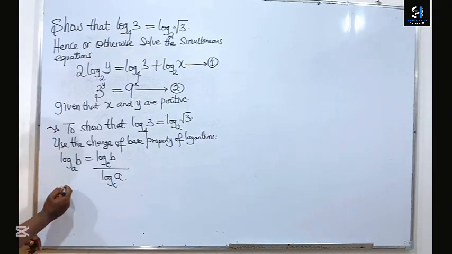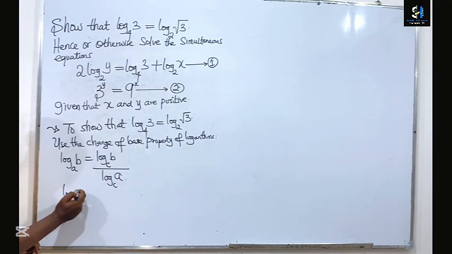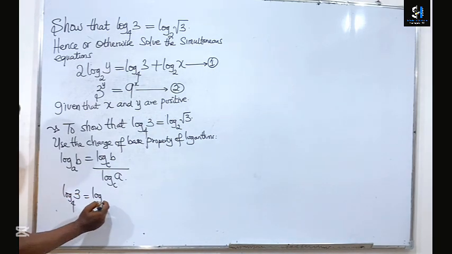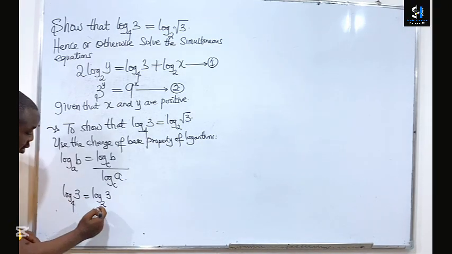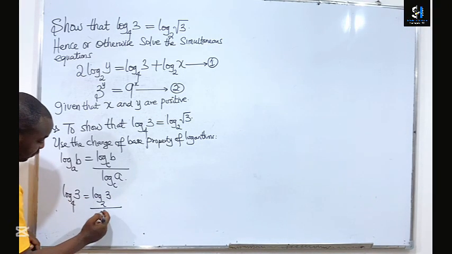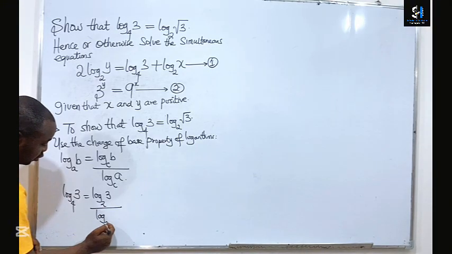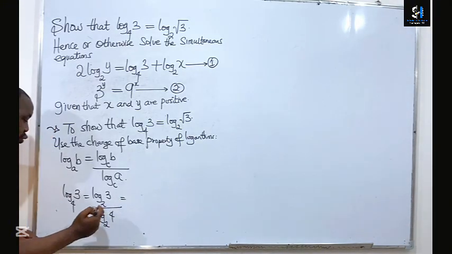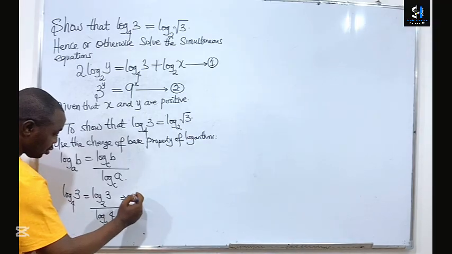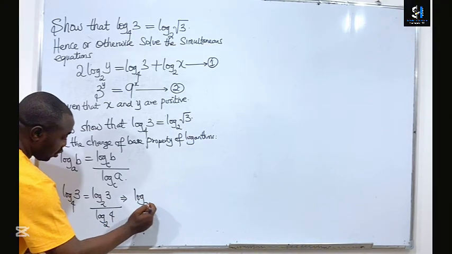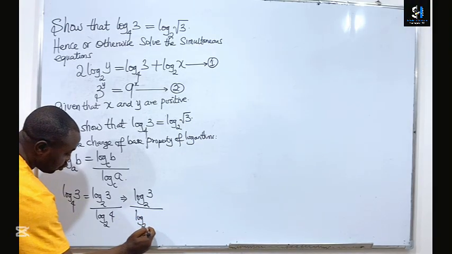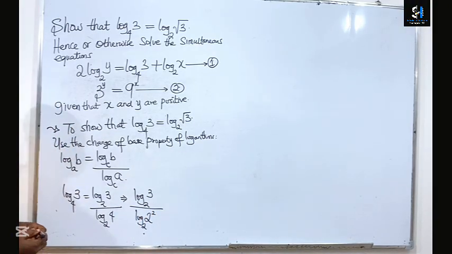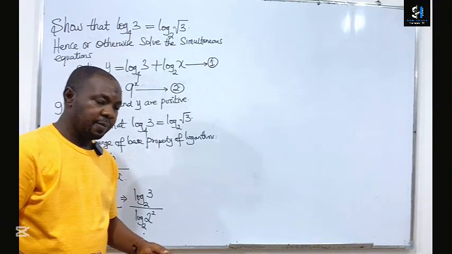So which means log to base 4 of 3 will be equal to log to base 2 of 3, that is when I change the base to 2. So we have log to base 2 of 3 divided by log to base 2 of 4. And this is log to base 2 of 3 over log to base 2 of 2 raised to the power of 2, and that's still 4.